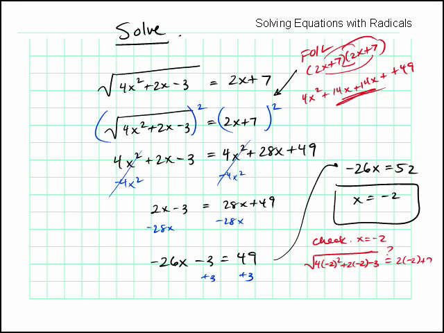Well, if we simplify what's under the radical, that's 4 times 4, that's 16. Minus 4 minus 3 is minus 7. So that's a 9. And is that going to equal negative 4 plus 7? That's 3 equals 3. Yes, it works.